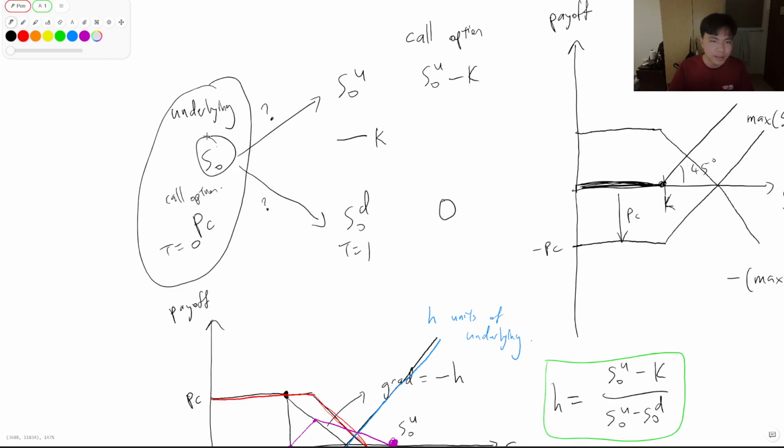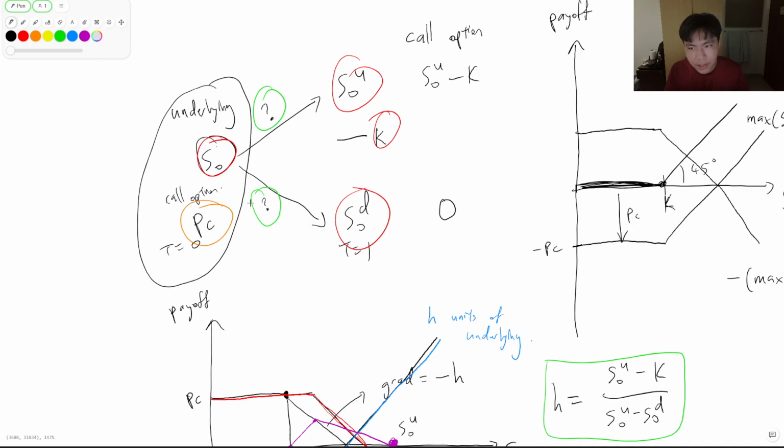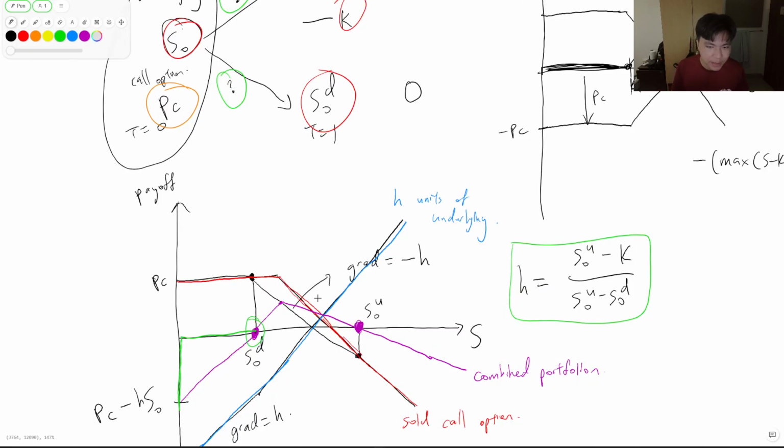So what do we see here? We see that with just the market price, the uptick, the downtick, and the strike price, we managed to calculate the option price. And we did not ever need the actual probabilities, because we found a way to hedge it out such that in both scenarios the payout is zero.